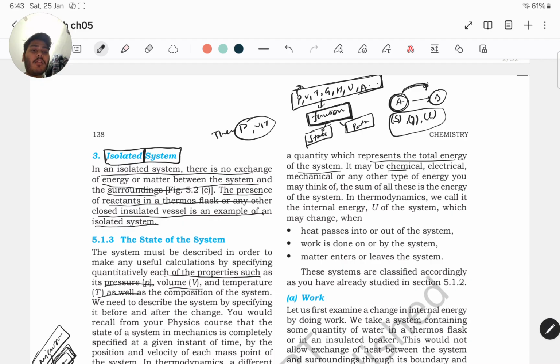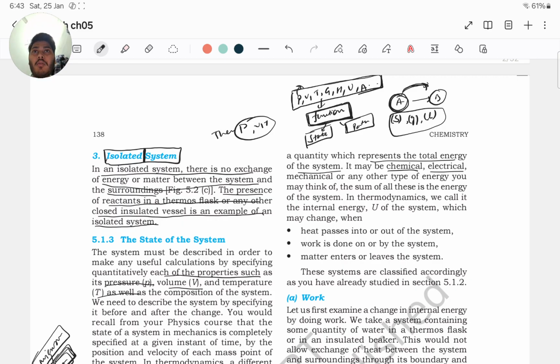Chemical reaction I have already explained to you. Electrical means, in your 11th and 12th class you have studied the electric cell, where we discuss the thermodynamic aspect. Mechanical: all of us used a cycle in our childhood.